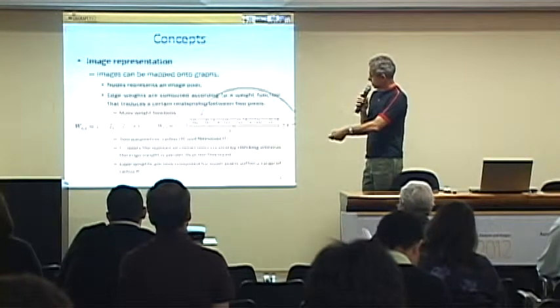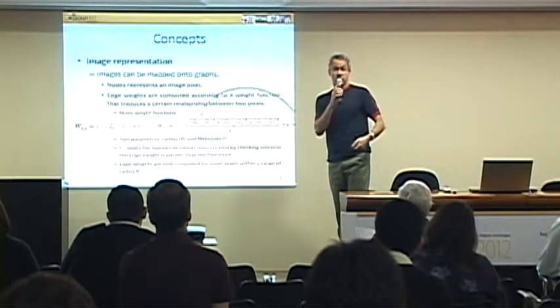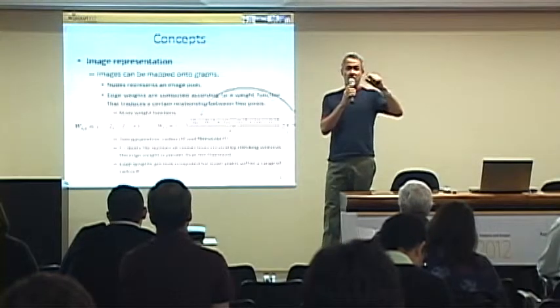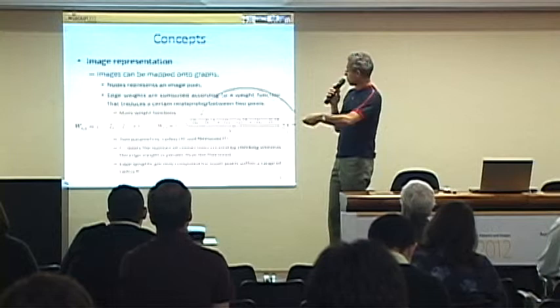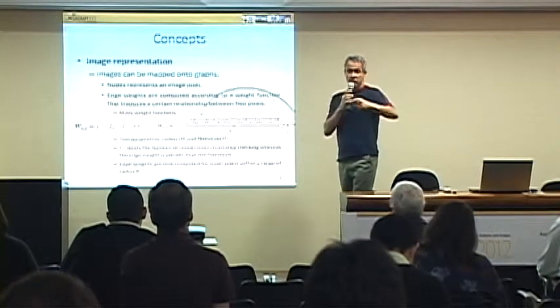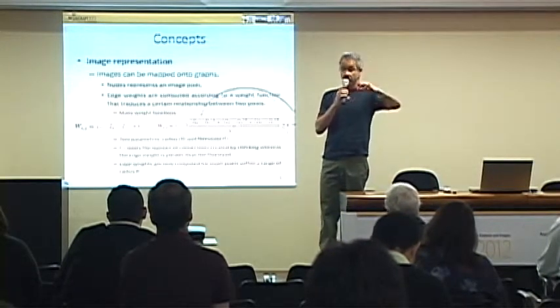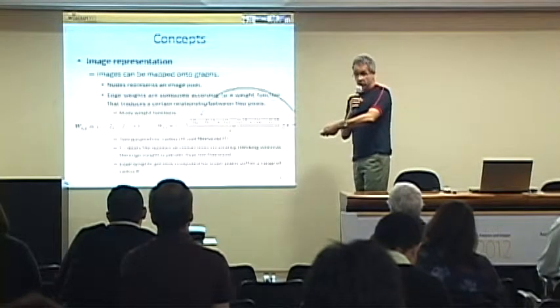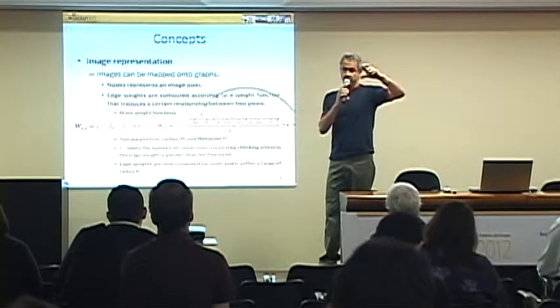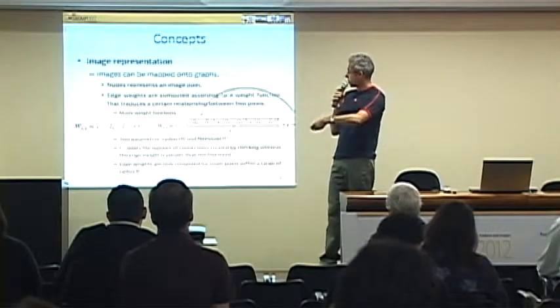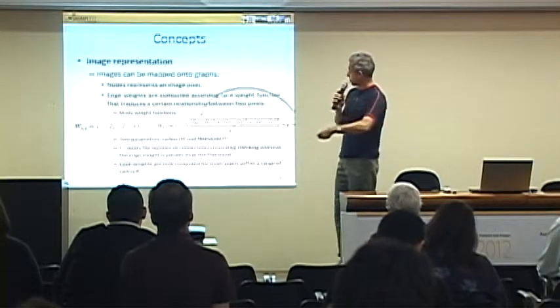Another parameter which we take into account to form the graph is how far we should go in computing weights from one superpixel to the other. So we establish a radius r, which gives you the range, how far we could go in linking one superpixel to the other.